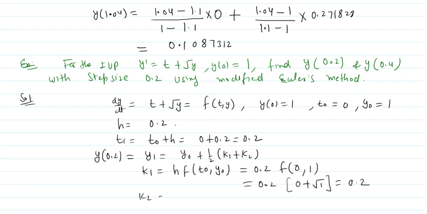Okay, and y1 will be y0 plus 1 by 2 (k1 plus k2). So firstly I am writing k1 and k2. So what is k1? That is h f(t0, y0). So this is 0.2 f(t0 is 0, y0 is 1). So 0.2 times (t plus under root y), under root 1 is 1. So this is 0.2. Similarly k2 is h f(t0 plus h, y0 plus k1). So this is 0.2. f at t0 plus h is just t1, so the next point 0.2. y0 plus k1 is 1 plus 0.2, which is 1.2. So in the formula t plus under root y, under root 1.2.